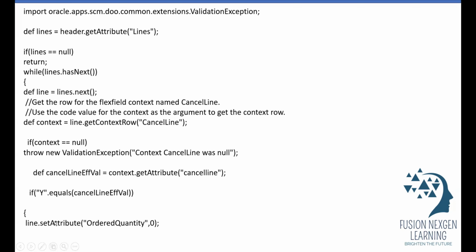So now what we are saying to the system, lines.setAttribute: we are sending the instruction to the system that you can make changes to the ordered quantity, and the ordered quantity will be 0. That's how I achieved this requirement.